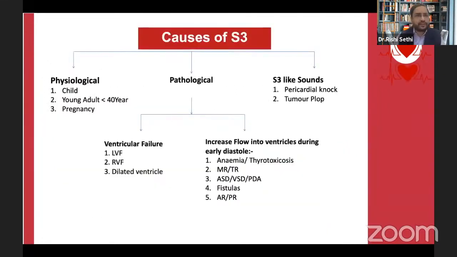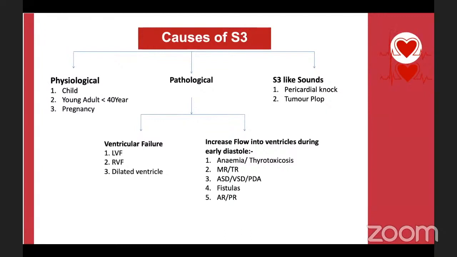The causes of S3 may be physiological. You may get it in a child, a young adult, or a pregnant female. There are S3-like sounds like pericardial knock and tumor plop. And pathological S3 is found in either left ventricular or right ventricular failure or LV dilatation, or whenever there is an increased flow into the ventricles, either from the great arteries or from the atria, increased flow in the diastole.